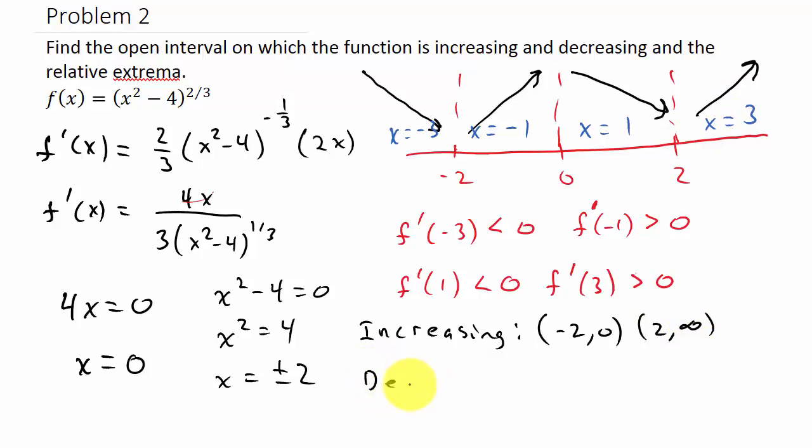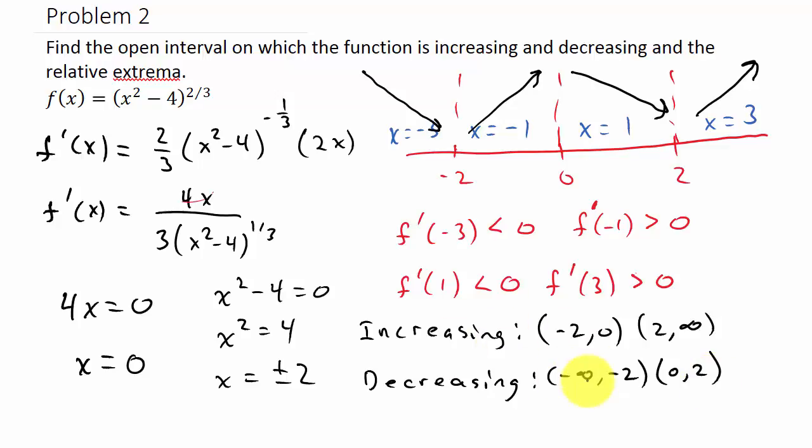And it is decreasing here from -infinity to -2, and decreasing here from 0 to 2. Okay? And so there's your solutions for increasing and decreasing.